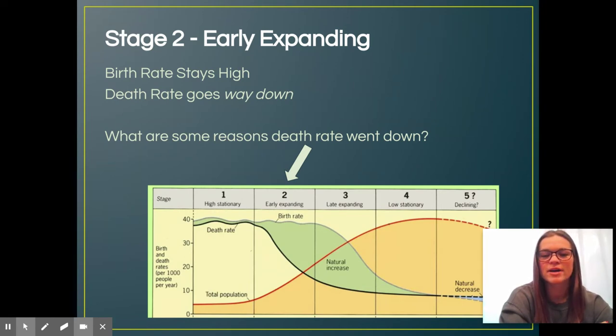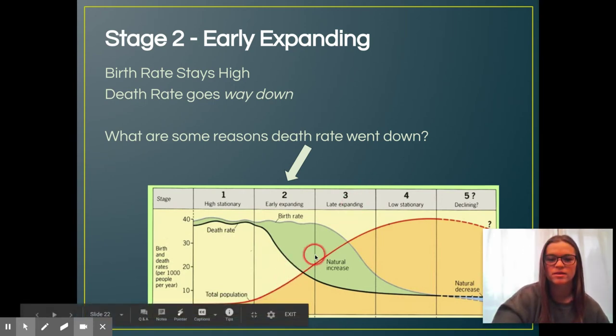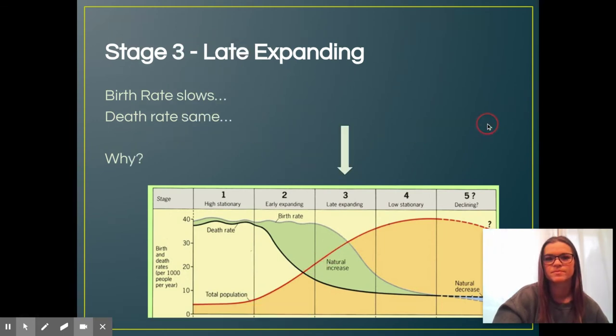In stage 2, we often see some third world countries, some places in Asia we'll take a look at, and we'll talk about why that birth rate continues to stay so high. So that is stage 2. The natural increase rate is, you can see with this red line, right? Those populations are growing like crazy.